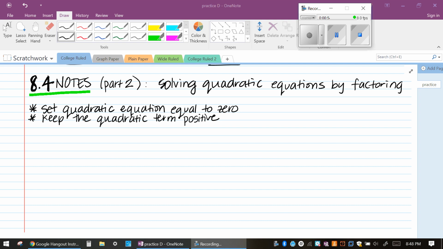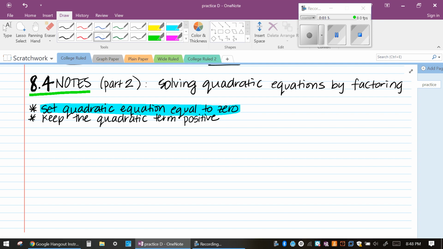Okay, the next things that you want to write are these two. Set your quadratic equation equal to 0. That is super, super important. When you are solving quadratic equations, it is very important to make sure that you have it set equal to 0.